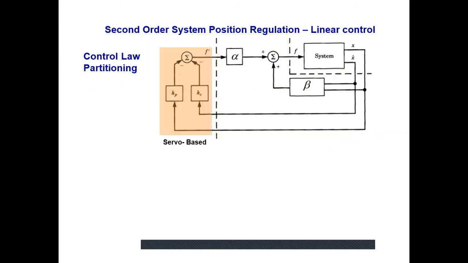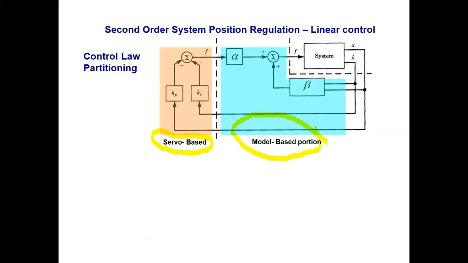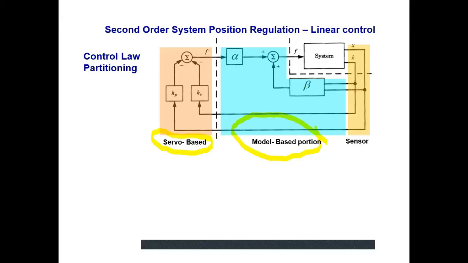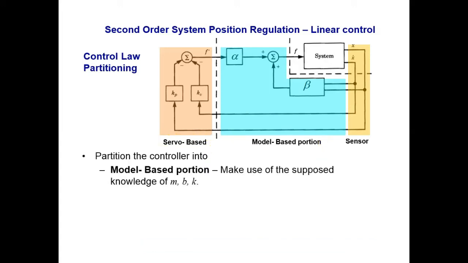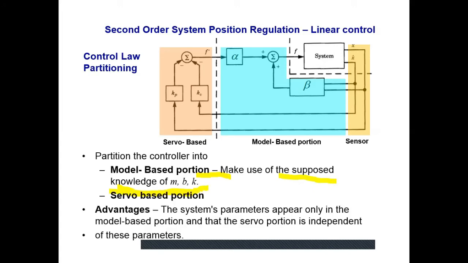This part is known as the servo-based part of the control law. And this part is known as the model-based portion of the control law. And obviously the feedback is taken by some sensors. The model-based portion makes use of the supposed knowledge of m, B and K, the mass, damping and stiffness.